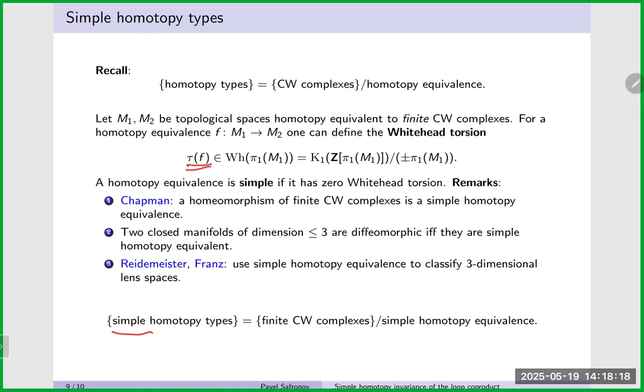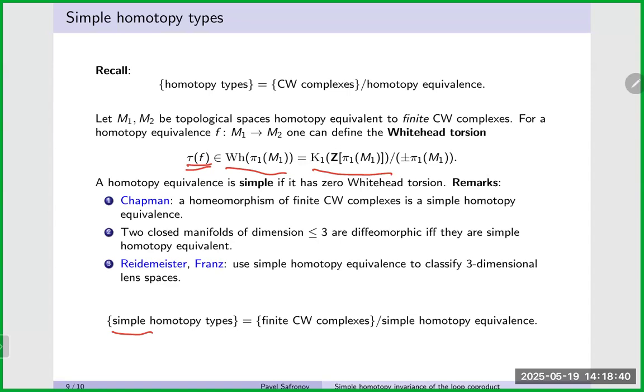So this Whitehead torsion lives in some Whitehead group of the fundamental group. So this group only depends on the fundamental group of the manifold. And the Whitehead group is a quotient. If you're familiar with algebraic K-theory, it's the quotient of the first algebraic K-theory of the group algebra modulo its units.